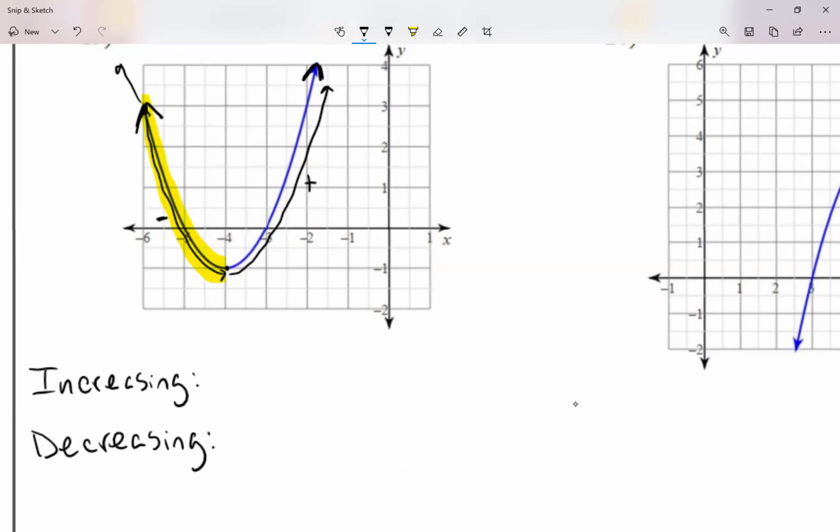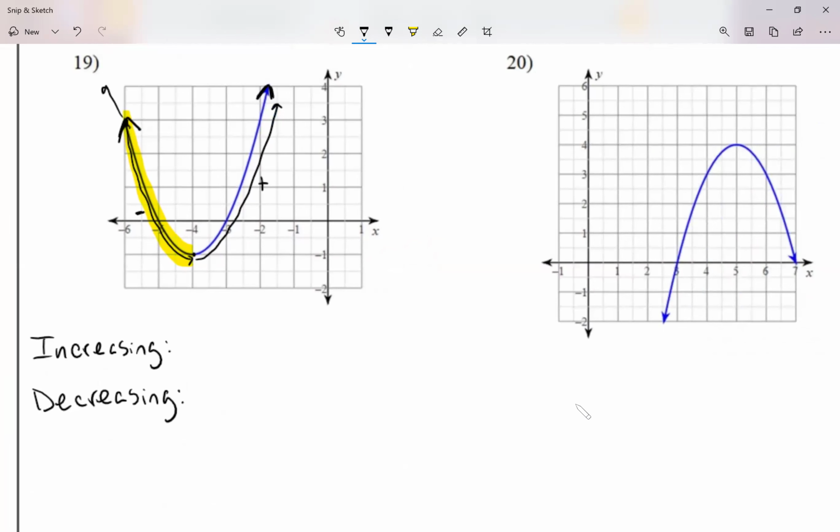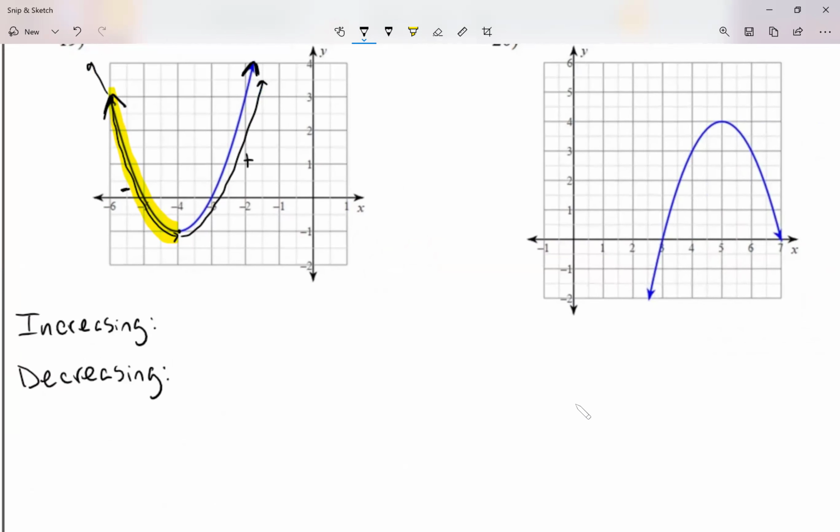So how far left does it go, looking at decreasing here? Well, it goes all the way to negative infinity. If we were doing this on paper, I'm going to put parentheses and I will say negative infinity, and I can easily write that infinity sign.